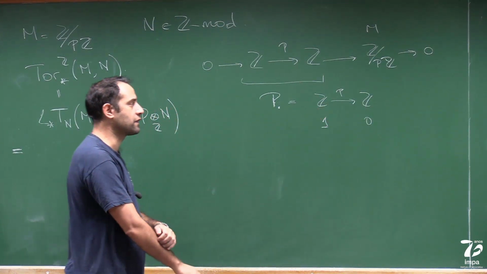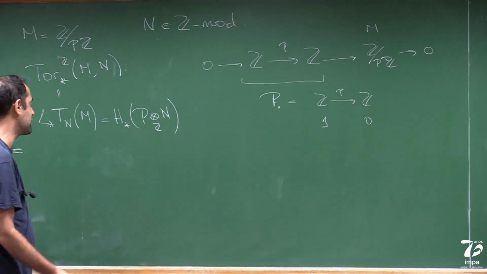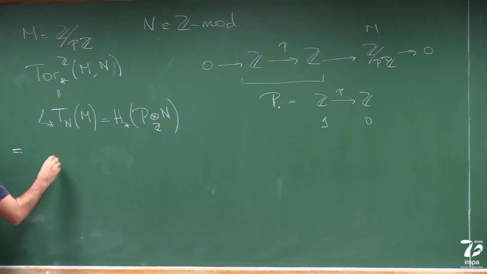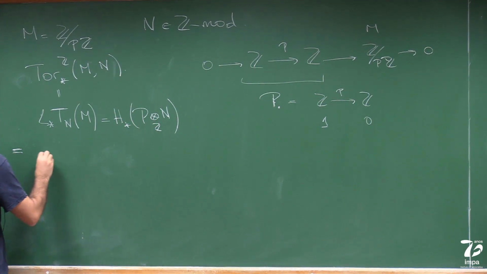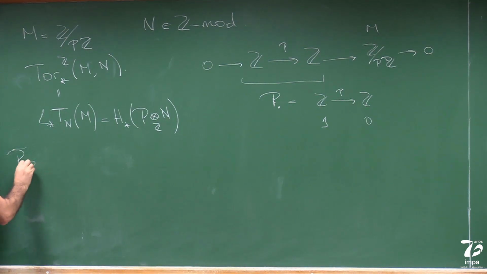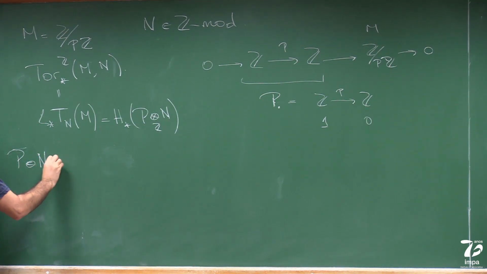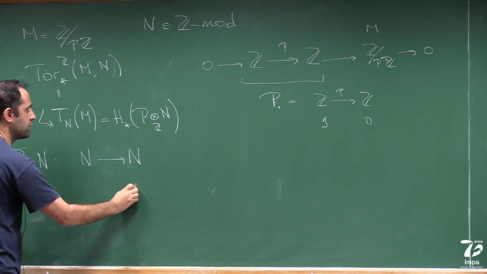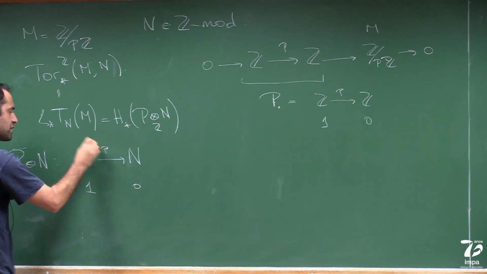This is the unit of the tensor product, but the differential is non-trivial. The differential is multiplication by P. Therefore, this complex here, P tensor N, is the complex that has N in degree 0, N in degree 1, and the differential is multiplication by P.